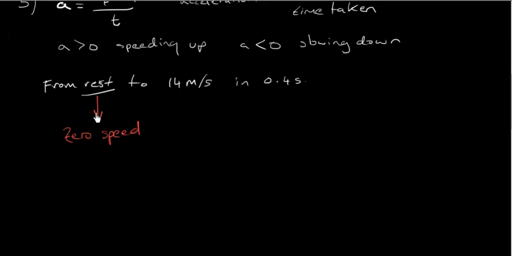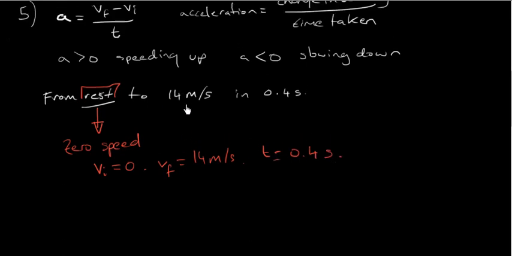Whenever you see the word rest, that means 0 speed. So what they're telling us is that the initial velocity, the velocity it starts with, is equal to 0. The final velocity is equal to 14 meters per second, and the time that it takes to go from one to the other is 0.4 seconds.